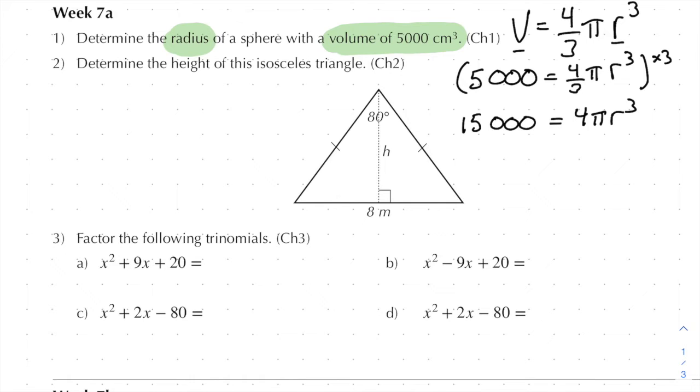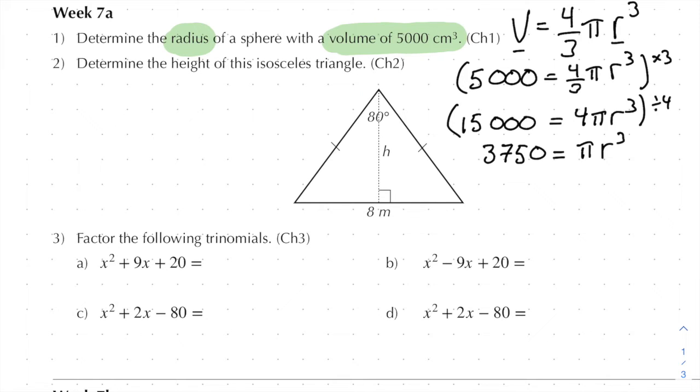Now, I'm going to divide everything by 4. I'm going to get pi times the radius cubed is equal to 3,750. I used a calculator to do that.